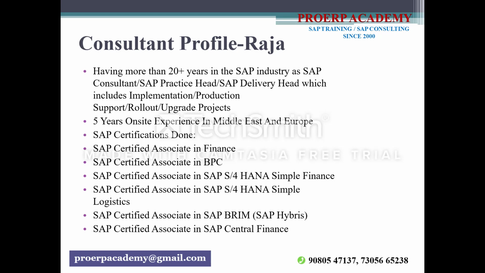Similarly, we have to configure the delta changes to be carried out in the PP side. So this S4HANA Simple Logistics is the combination of SAP Material Management, SAP Sales and Distribution, as well as SAP Production Planning. And also we have some integrations with SAP Plant Maintenance as well as Quality Management.